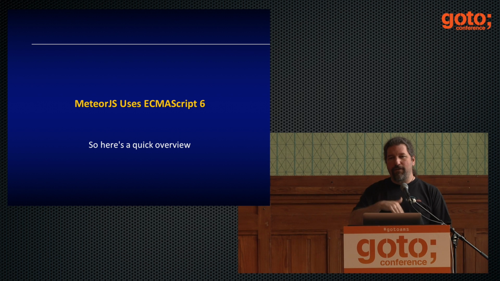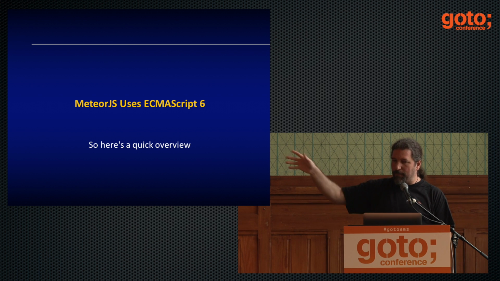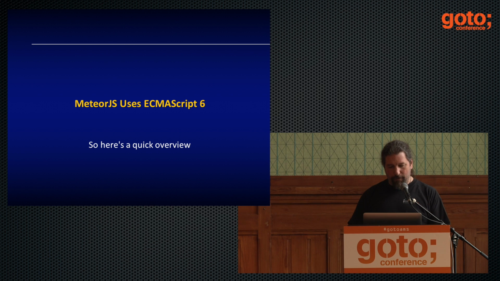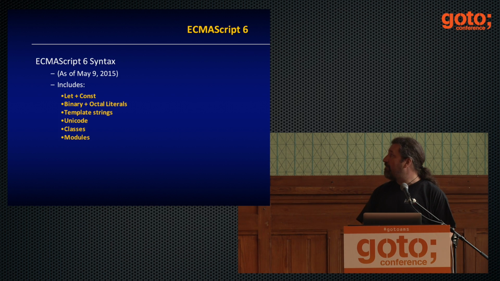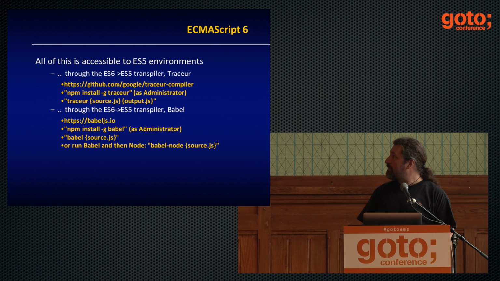They fully embrace the ECMAScript 6 module system. That's what you saw earlier with the imports. So I'm going to take about 10 minutes and try to whip through the ECMAScript 6 stuff. There's a number of different features that ECMAScript 6 offers, some of which we care about, some of which we don't. So this is just kind of a list, and then we'll drill into it directly.